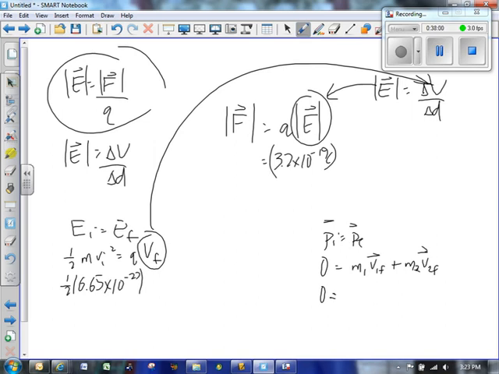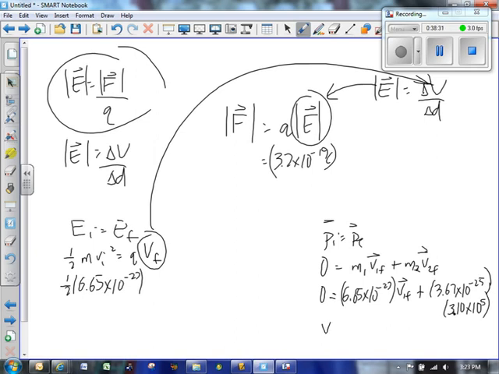m1, let's say that's the alpha particle, 6.65 times 10 to the minus 27. We don't know what v1f is. The mass of the other particle, we're given that value as 3.67 times 10 to the minus 25, times the speed of the other particle, which is 3.10 times 10 to the 5 meters per second.